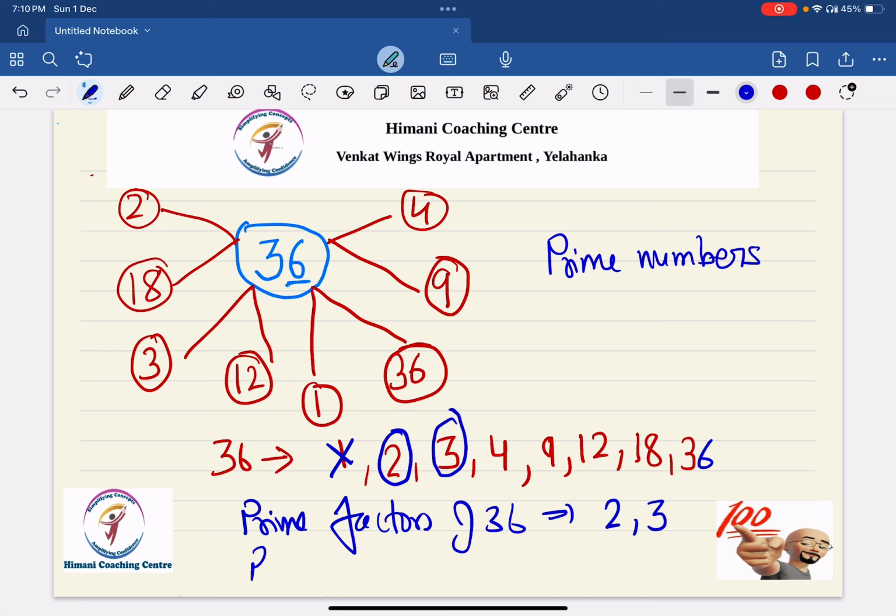Similarly, we had done 24, you can go back and check. For 24 also the prime factors are 2 and 3 only.